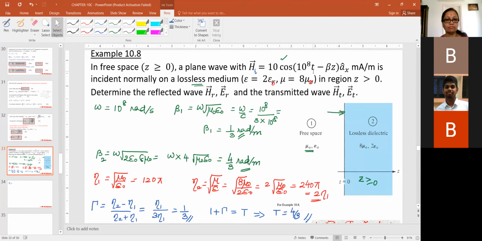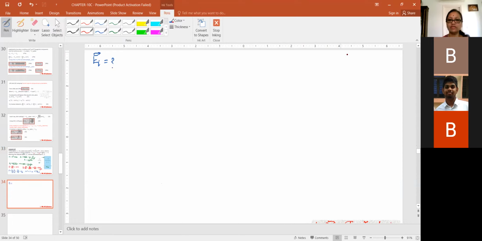Minus Y. Let me write it: AE cap cross AH cap is equal to AK cap. AK cap is along Z and H is along AX, therefore AE cap is along minus AY. Is that right? So I got that.